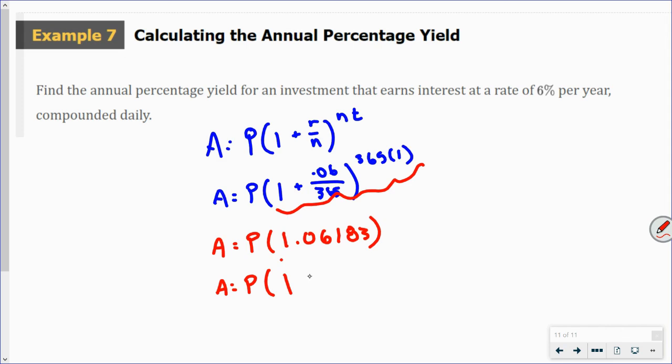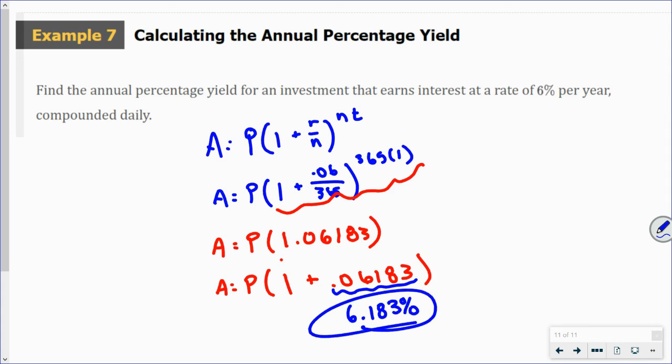So this is 1 plus 0.06183. And this number right here is your annual percentage yield, which would be 6.183%. So that is your yield for 1 year. If you had 5 years, it would be different.